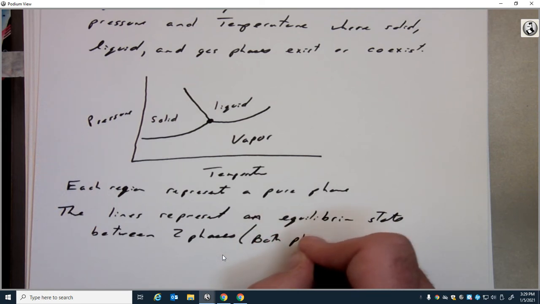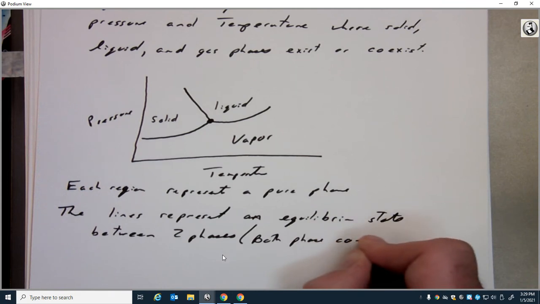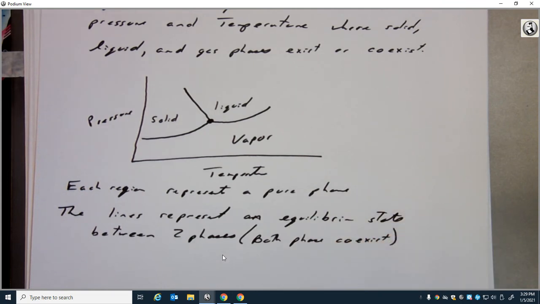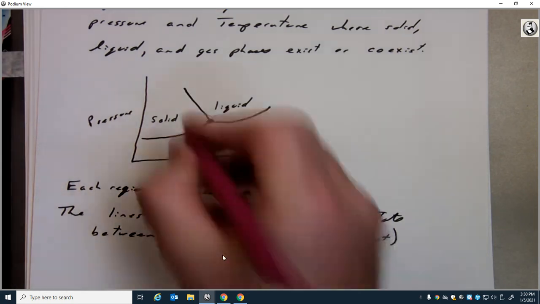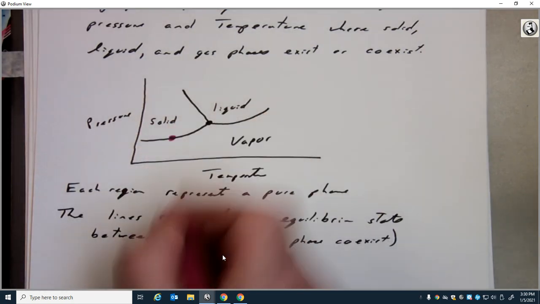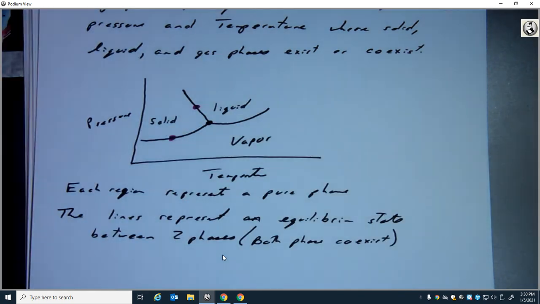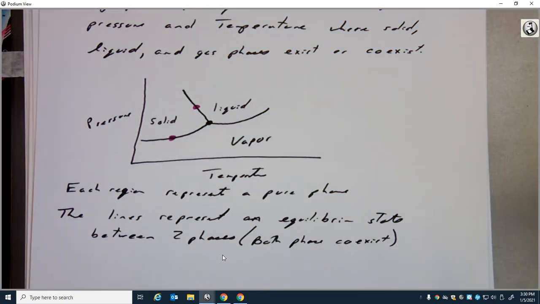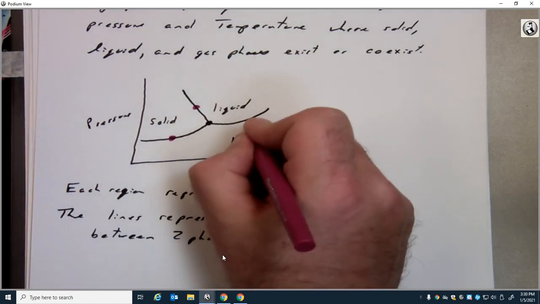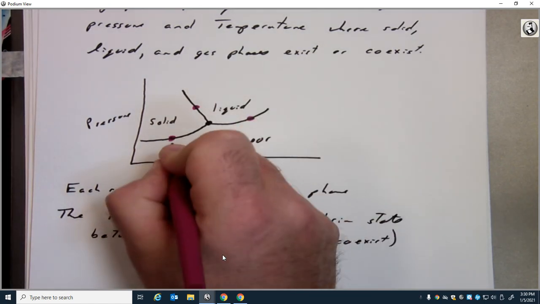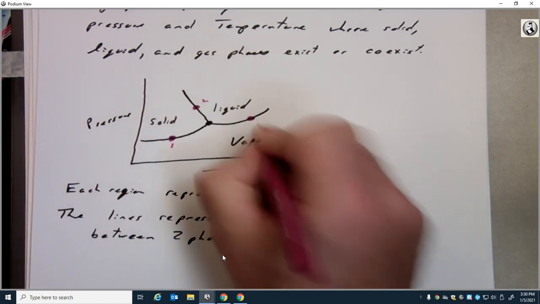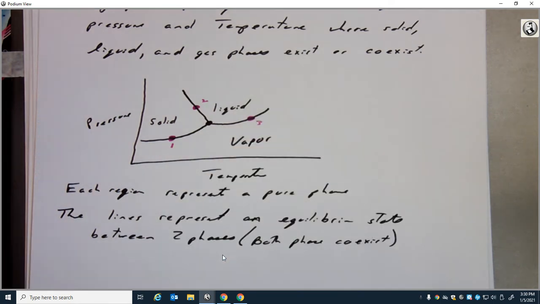You have both of them, which is a phase change, right? So let's look at a couple different points. Right? So I want to look at a point here, a point here, and a point here. And let's label this 1, let's label this 2, and let's label this 3.